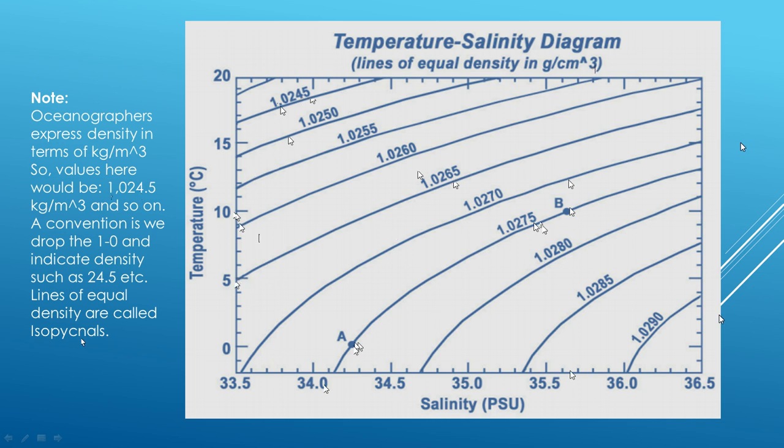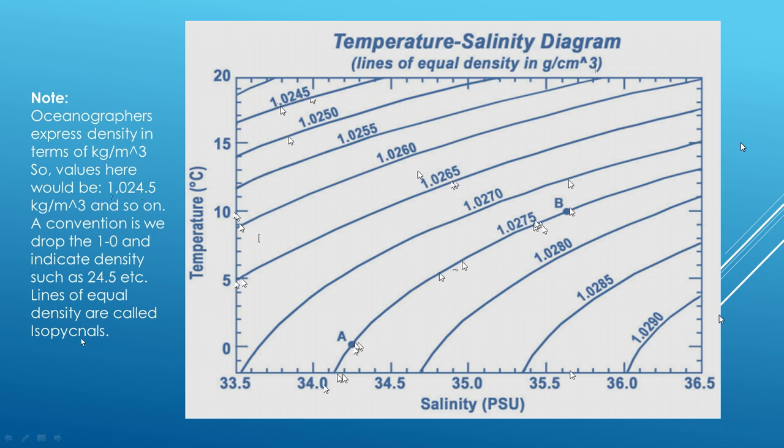But now I'm going to hold it at 5C, and I move across to, say, 34.9 practical salinity units. I've increased my density, right? It went from 26.5 to 27.5 kilograms per cubic meter. Holding the temperature steady, increasing the salt content, increases the density.